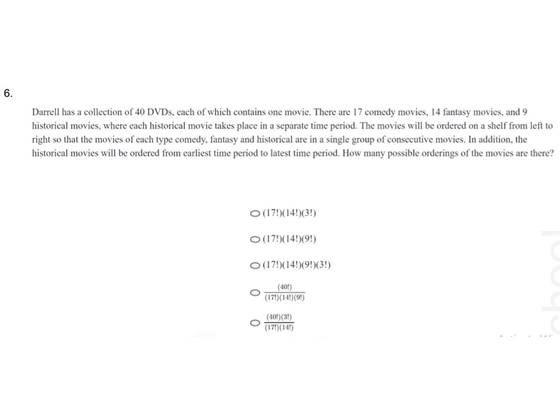The condition is that historical movies take place in separate time periods, and we arrange them on the shelf from left to right so that the movies of each type are in a single group. So in a group there are comedy, fantasy, and historical movies: 1, 2, 3. So the answer will be 17 factorial times 14 factorial times 3 factorial. We are using the bundling method.